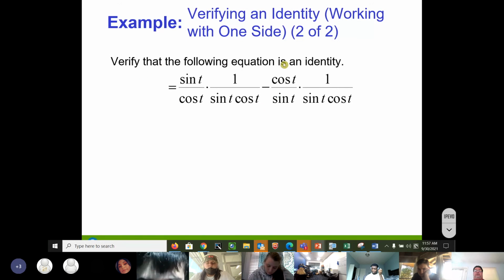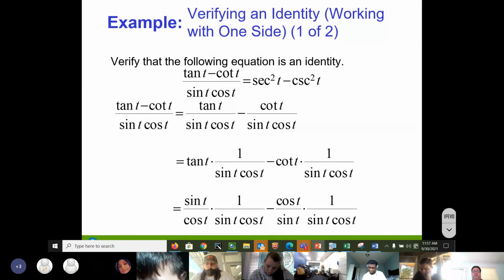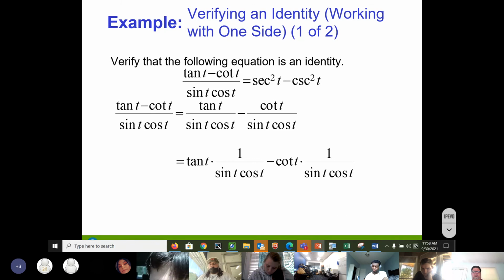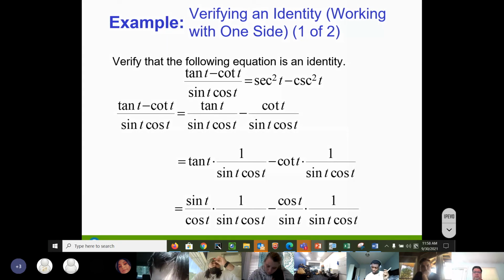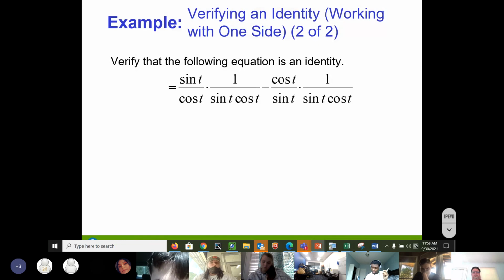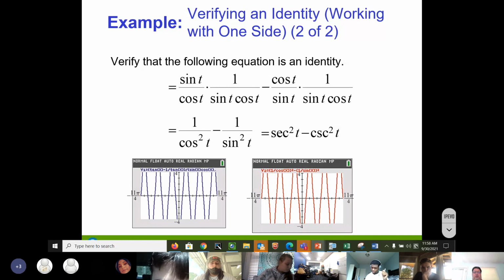Verify that the following equation is an identity. Wait a minute, is this the same problem? Oh, this is the same. Yeah, it's the same problem.